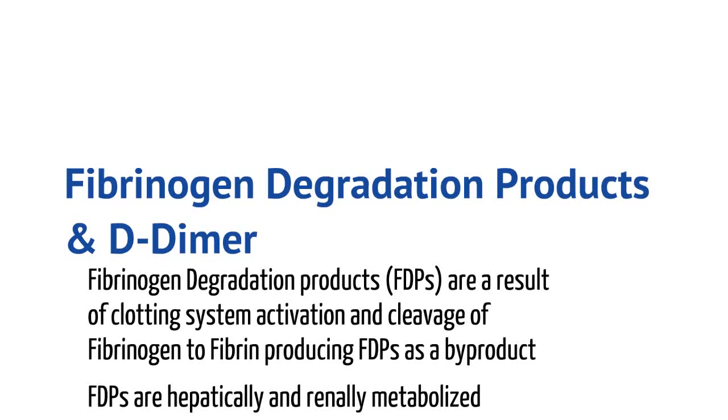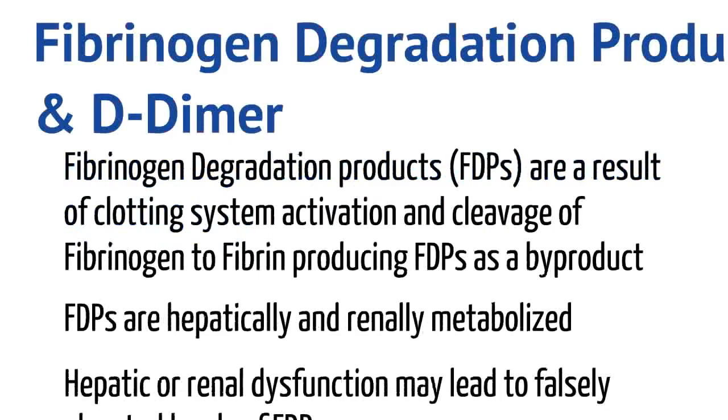Next, we'll look at fibrinogen degradation products and D-dimer. Fibrinogen degradation products are a result of the clotting system activating and causing the cleavage of fibrinogen to fibrin, creating FDPs, or fibrinogen degradation products.